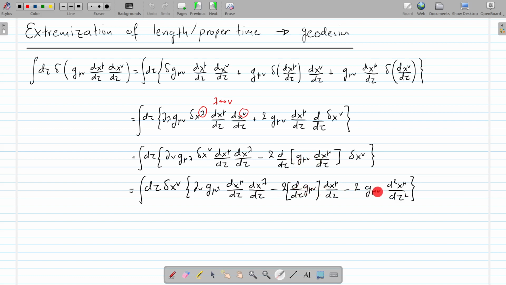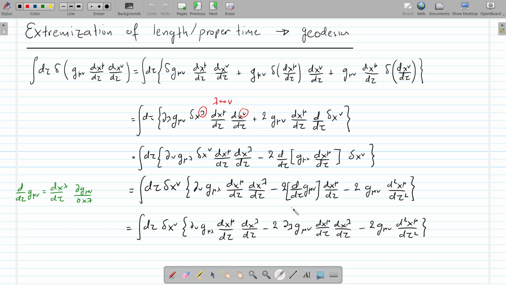Then we have those two terms, the derivative acting first on g and then acting on dx/d tau, giving us the second derivative. But d/d tau of g is dx/d tau times the partial derivative of g with respect to x lambda. So we also obtain here d lambda g mu nu, like we have on the first term here. And then we have two first derivatives here, dx mu, dx lambda.